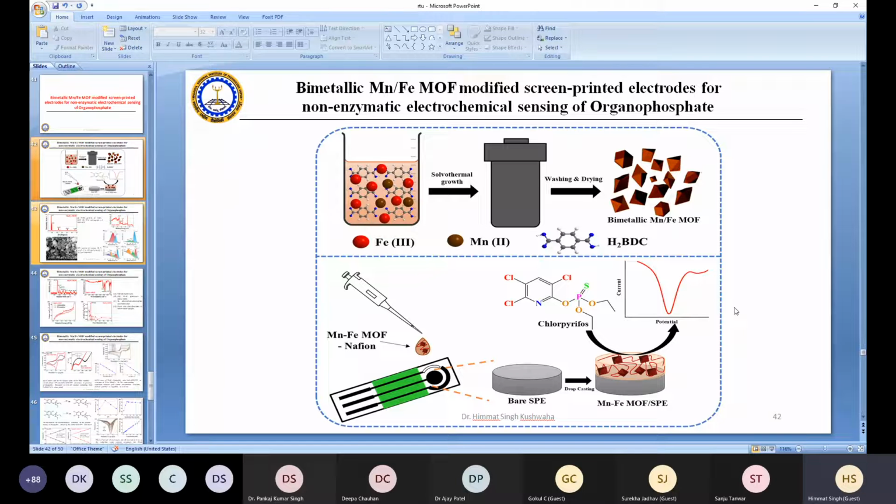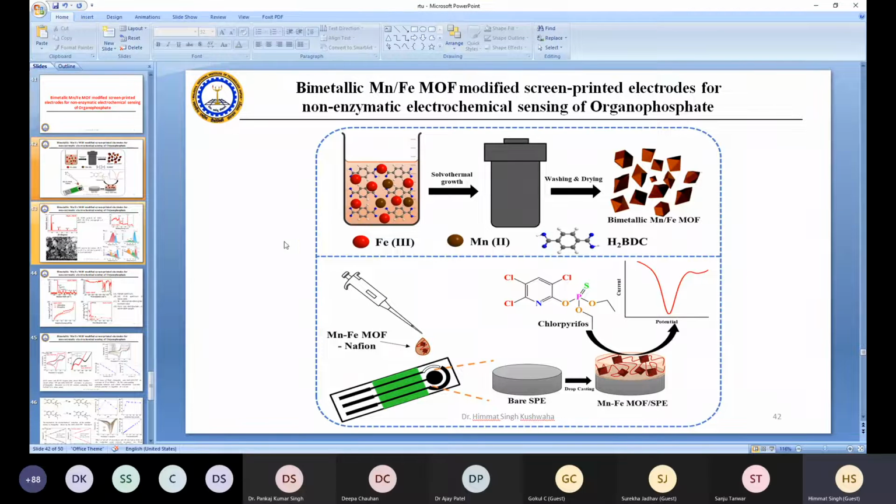In this case, the MnFe metal organic framework consists of bimetallic nanoparticles of manganese and iron entrapped within an organic framework of terephthalic acid, synthesized using the solvothermal method. This framework was then used for the sensing of chlorpyrifos, an organophosphate and a common pollutant found in river water and agricultural discharge.